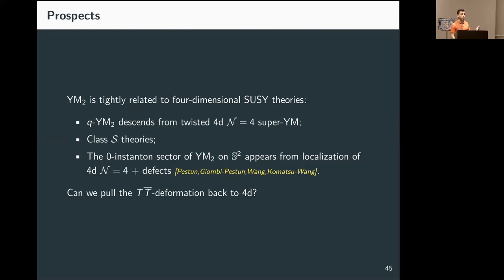Of course, this is not the only way to proceed. An alternative approach would be, for example, to leverage the recent developments in understanding TT-bar deformation of spin chains and try to learn something from that about four-dimensional N=4 super Yang-Mills. There could be another approach to follow. But let me make this very clear. There have already been attempts to generalize TT-bar to higher dimensions, and of course there are various ways to lift an operator to a higher dimension that then is projected onto TT-bar.